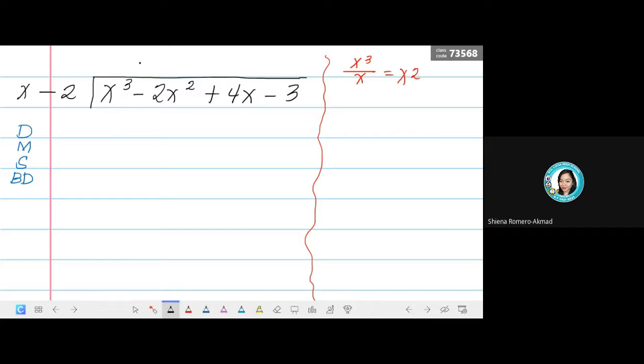So we will write it here, x squared. Next, multiply natin siya. X squared times x is x cubed. X squared times negative 2, negative 2x squared. Diniretso ko na siya.